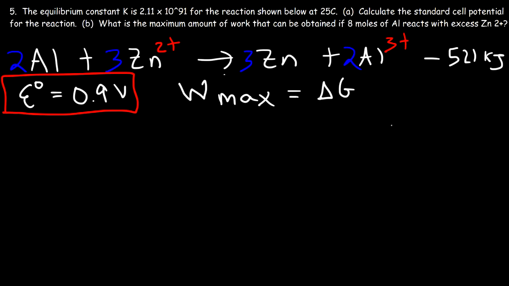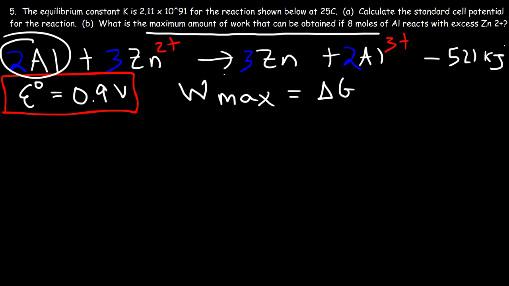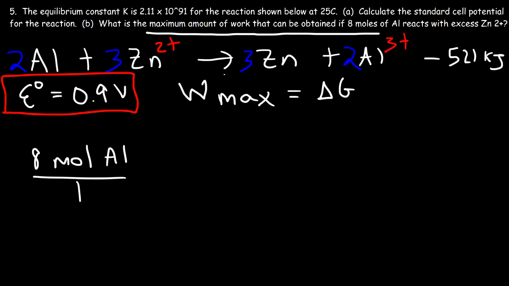So now let's finish this problem. What is the maximum amount of work that can be obtained if 8 moles of aluminum reacts? If 2 moles react, 521 kilojoules of work can be obtained. So if 8 moles react, we got to multiply this by 4. So that's going to be like 2084. So here's how you can set it up. Start with 8 moles of aluminum, the limiting reactant. This is the excess reactant, so we don't have to take that into consideration.